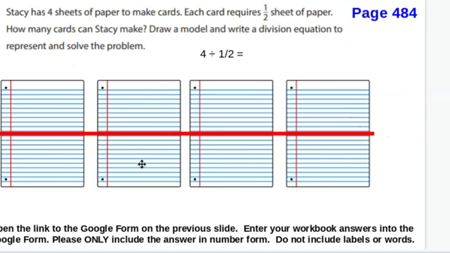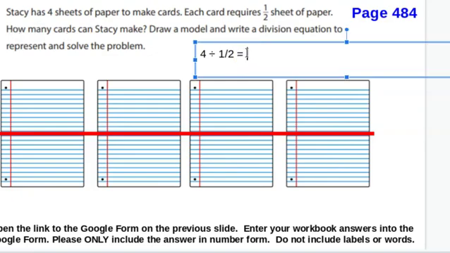These 2 pieces are for a card, another card, and finally a card and a card. So when it says how many cards can Stacy make, well, you have to count the pieces. Stacy can make 8 cards using half-sized pieces. So in this case, you're trying to figure out how many pieces you have.